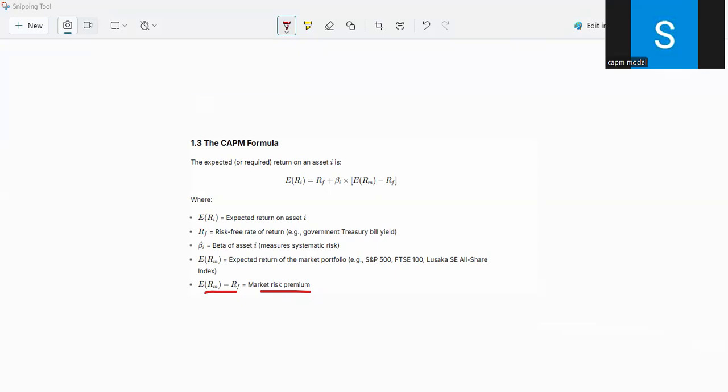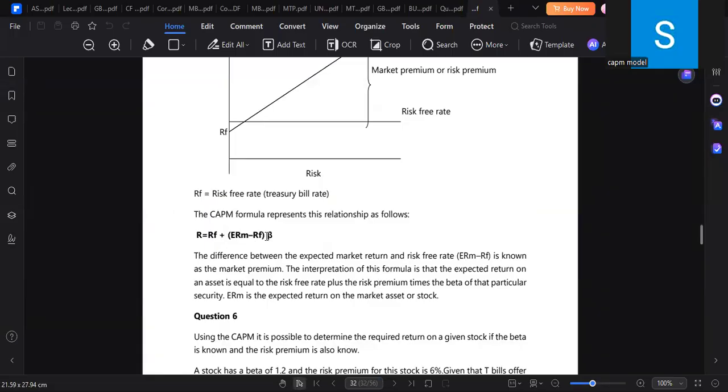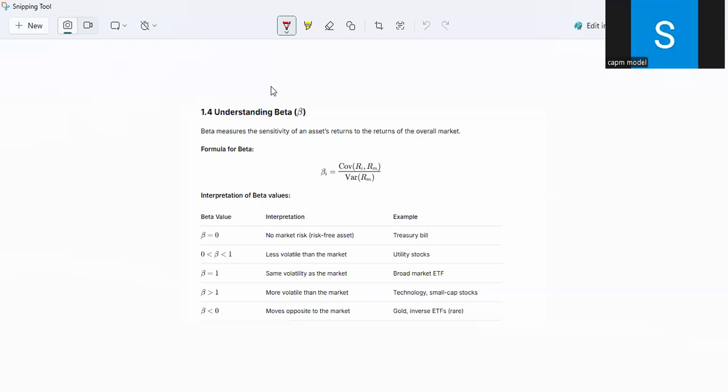Now, what is this beta we're talking about and what does it measure? This B is very important because it measures our degree of risk. I'm taking my time so that you understand this question very well. So you can manually calculate B, or you can be given B by the examiner. So that B that you're seeing there has its own implications.